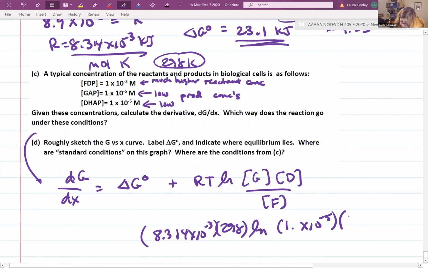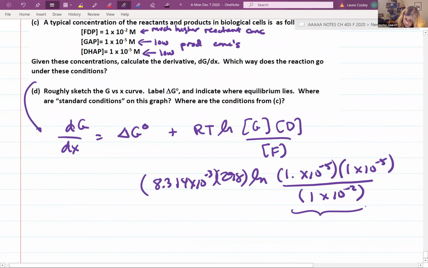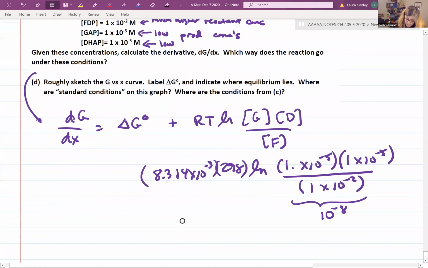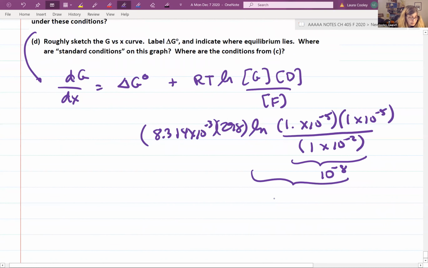D is the same. And FDP is 1 times 10 to the negative 2. So this is actually 10 to the negative 8th, the log of 10 to the minus 8th. So that this whole term is equal to negative 18.4.